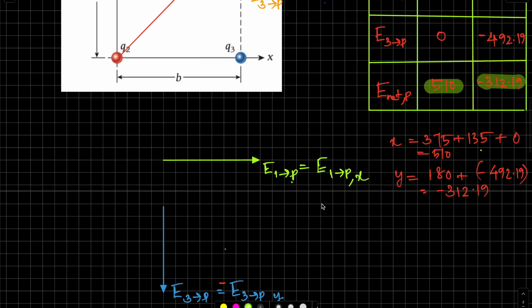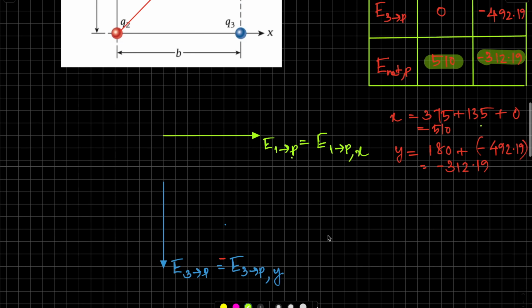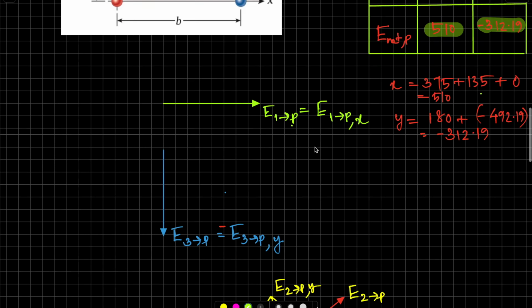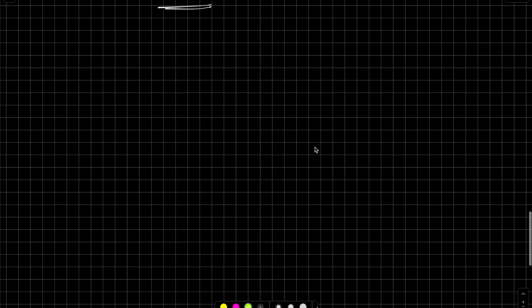So how do you write this vector? The net electric field at point P is a vector.